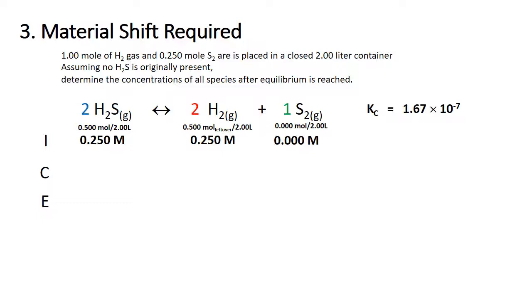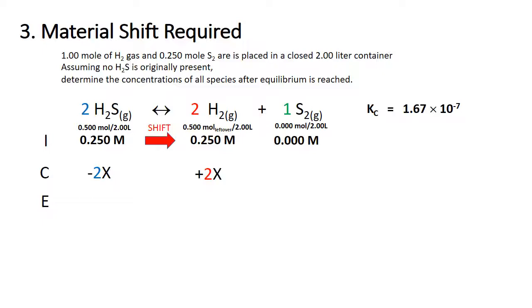But notice that we've got nothing on the right-hand side for the S2. And again, equilibrium requires that we have non-zero amounts in all locations. And so the fact that we have nothing, 0 molar S2, means that this is an equilibrium that will now have to shift to the right. Shifting to the right and filling in our variables means that the H2S concentration will go down by 2x.